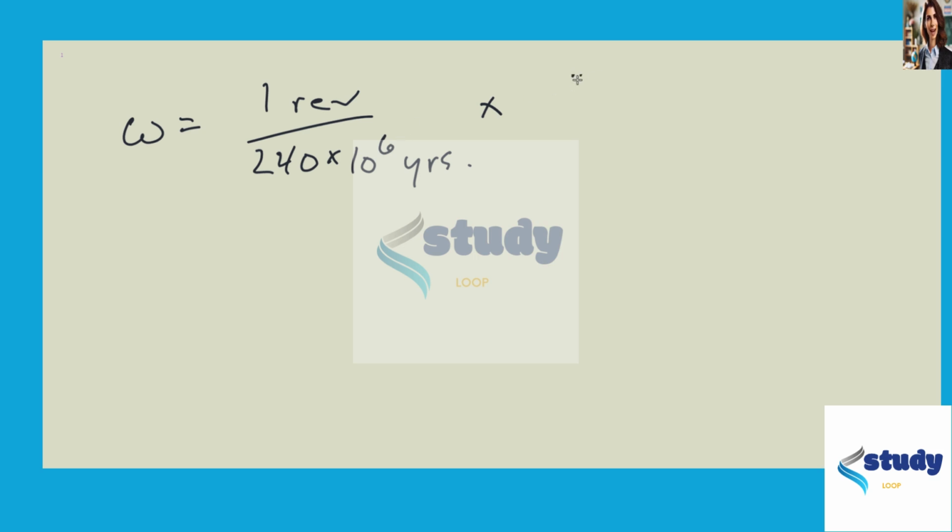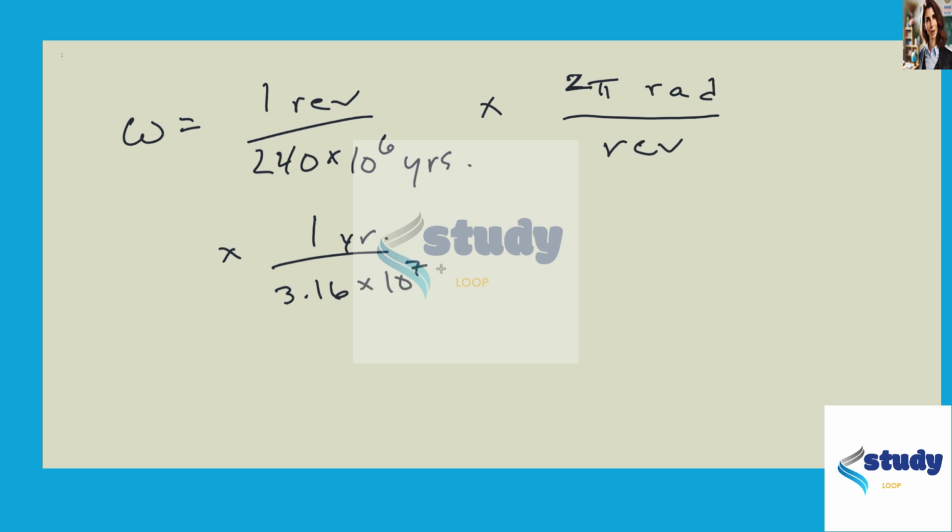So we'll multiply by... We can put this into radians per second, I suppose, if they like. So we know there are 2 pi radians in a revolution, and we also know that there are something like 3.16 times 10 to the 7th seconds per year.